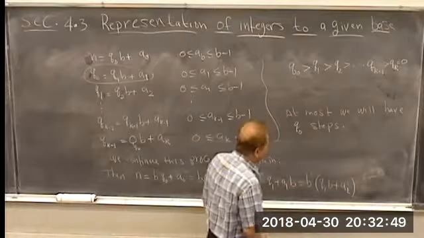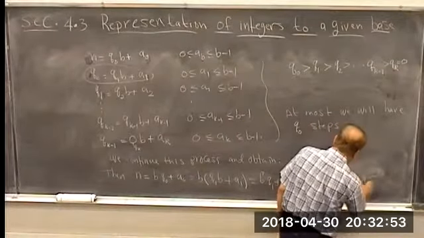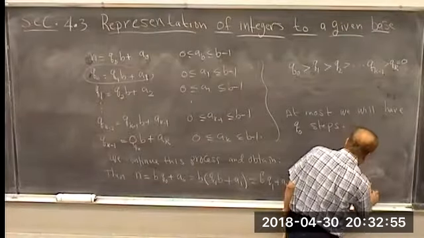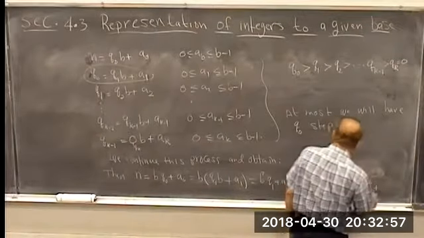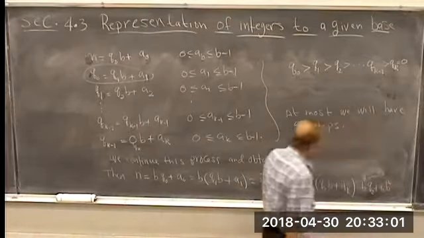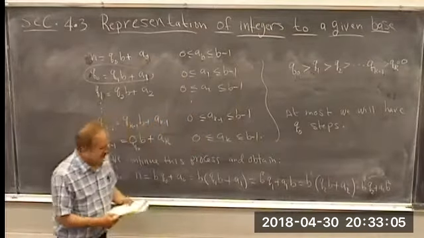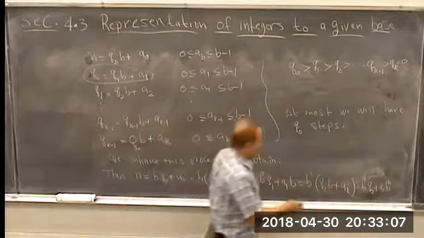All right, let's multiply. So this becomes b to the third q2 plus a2 b squared. So as you can see, we start getting the a's.